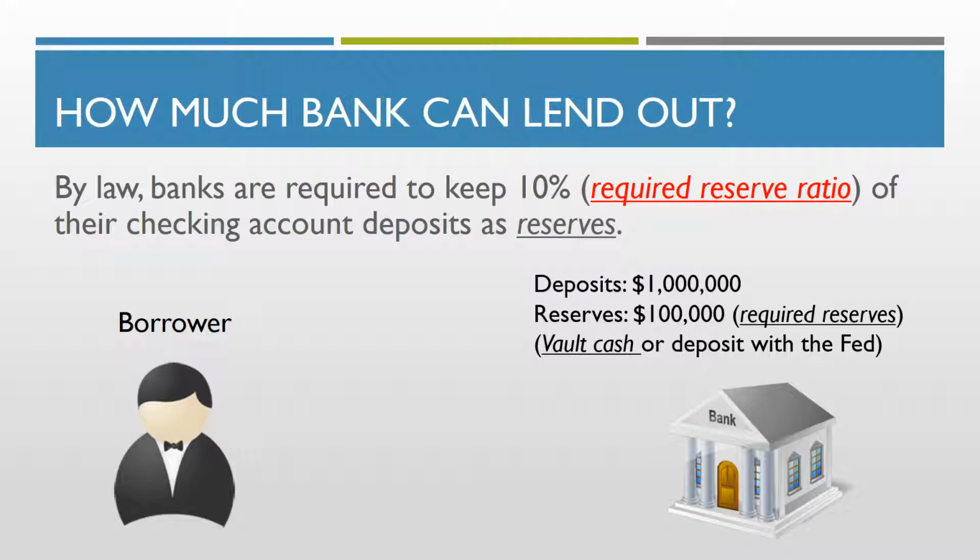This is basically vault cash, or a reserve saved by the bank that it cannot lend out. It also means the bank can maximally lend out $900,000 to borrowers in the market.